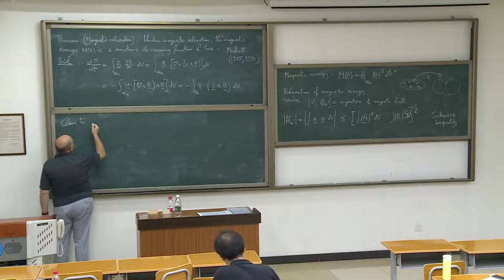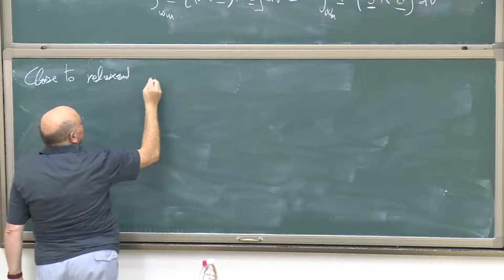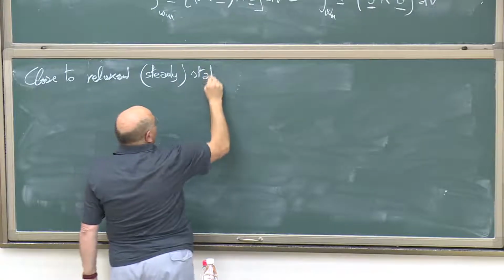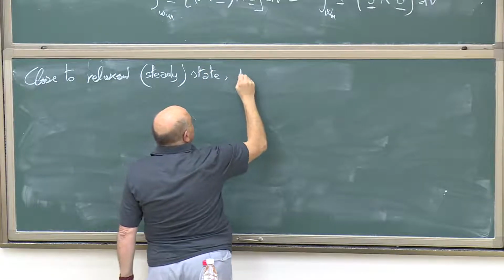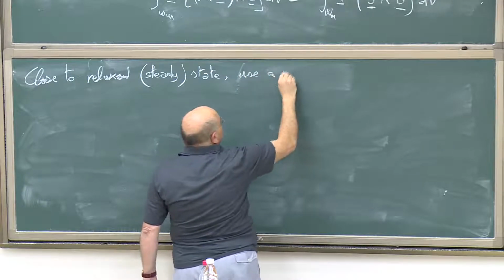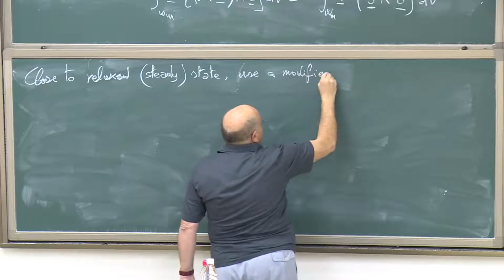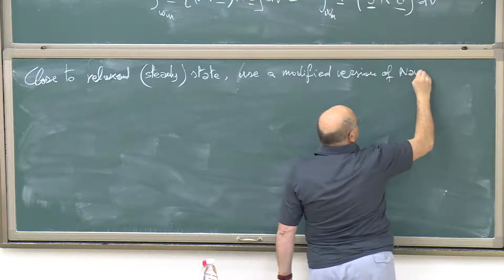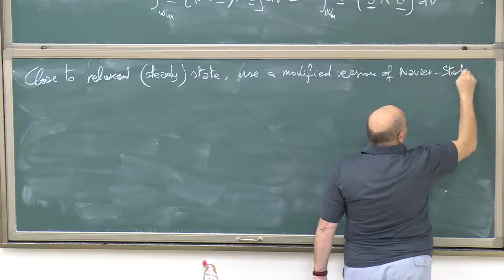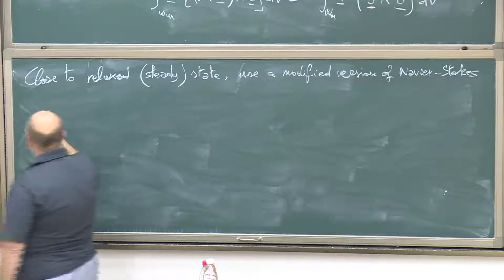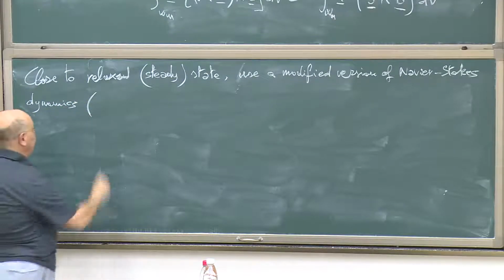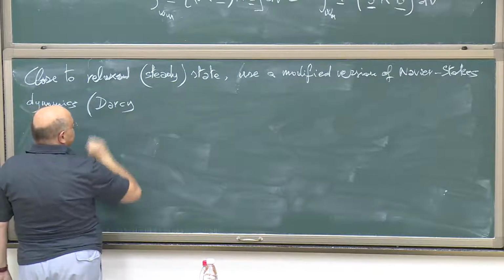So close to the relaxed steady state, you use a modified version of Navier-Stokes dynamics, and these are called Darcy's equations.